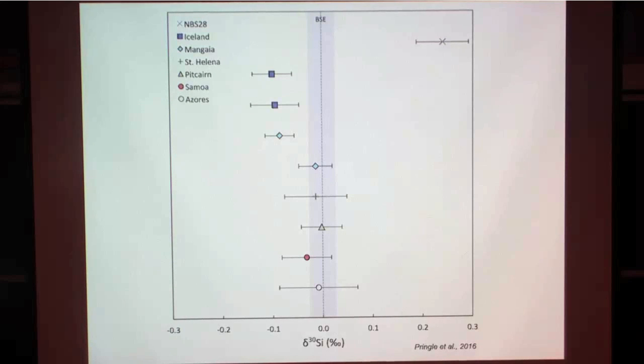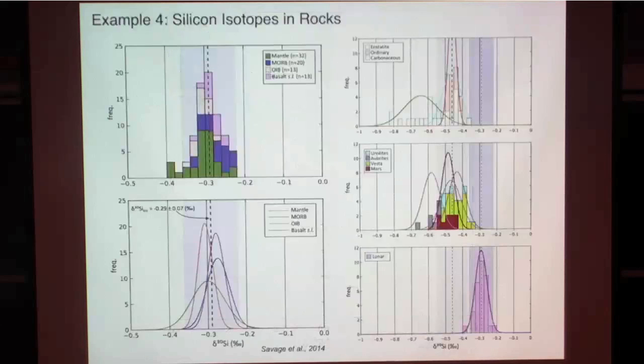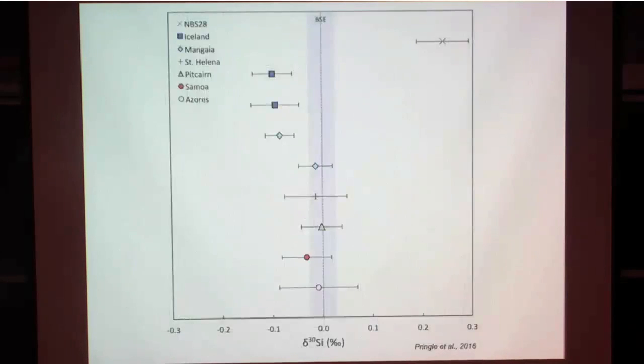They're looking in particular at OIBs. And what they find is that there are some that are actually lighter than that bulk silicate earth value that I showed you earlier. So while in the past people just kind of measured everything, right, and didn't see much of a trend, now we're looking more closely at rocks, and now we're saying, okay, well look, these OIBs are lighter than the bulk silicate earth.